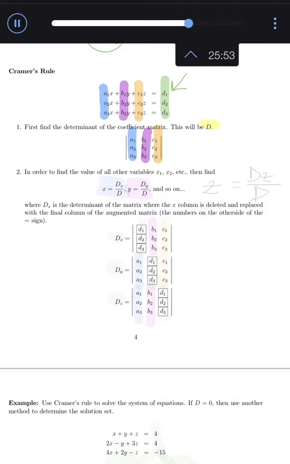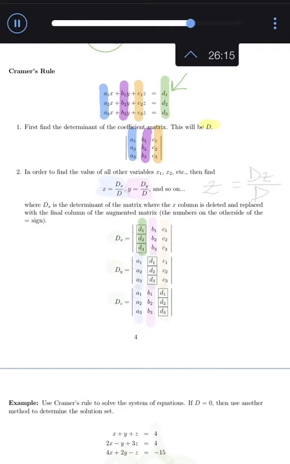The first one we'll call D with a little x at the bottom, and that one will be created by taking the D1, D2, D3, and just replacing that first column that is normally the x coefficients. Everything else will stay the same.